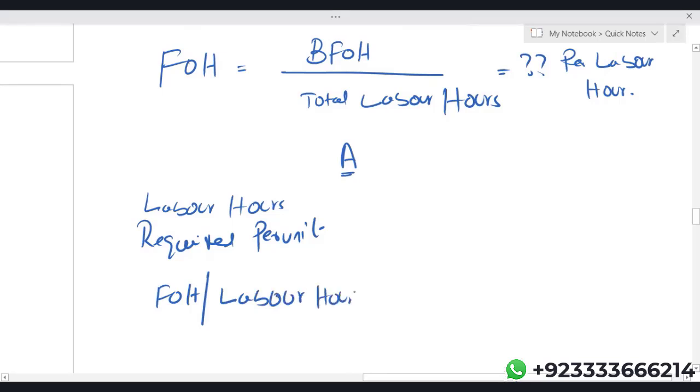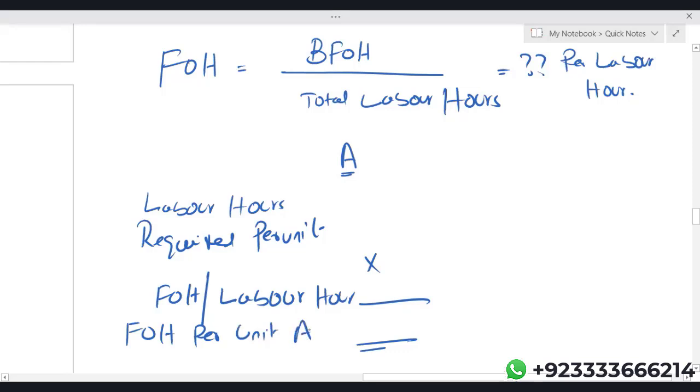Multiplying both values, you will get the FOH per unit of product A.